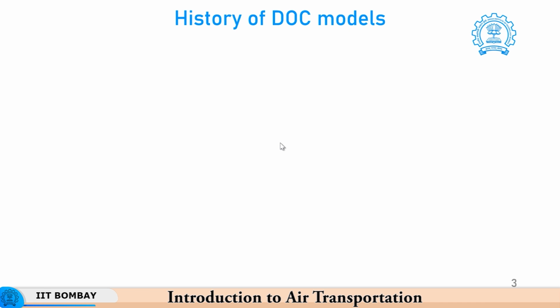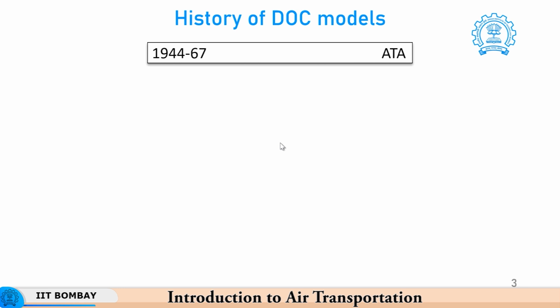So, for that in literature there have been lots of DOC models which have been proposed. Basically, what is a DOC model? It is just a series of equations with certain design variables related to the aircraft and to its operation and to its maintenance versus the various cost terms.